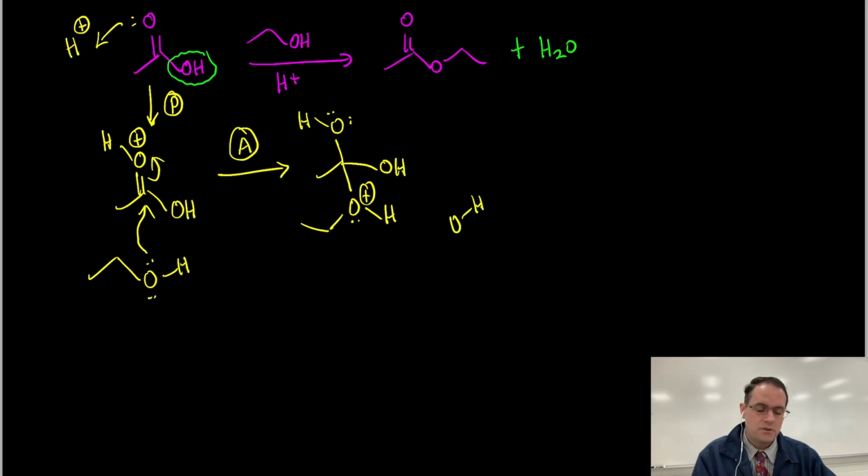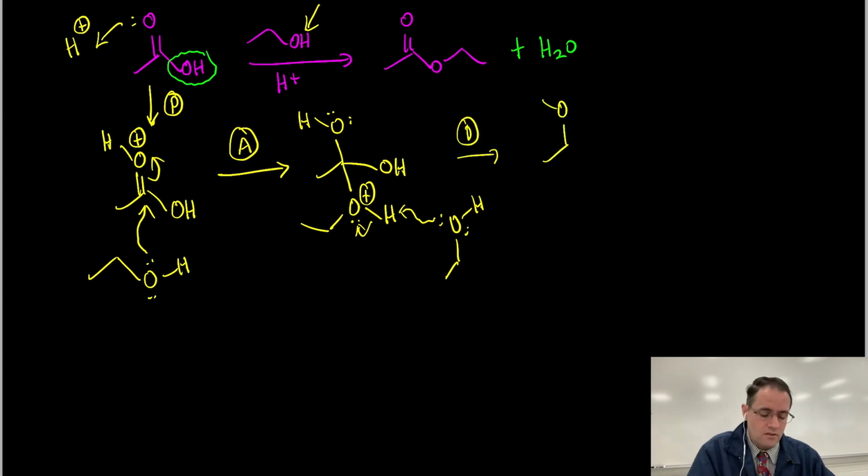So what we need to do is a number of protonation and deprotonation steps. First, we want to deprotonate. We have alcohol, which is present in the reaction, right here above the arrow. So I'm going to use an alcohol to deprotonate here.